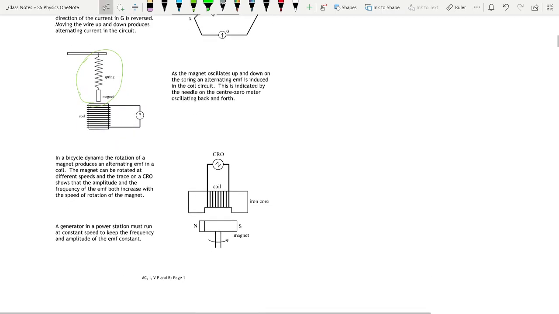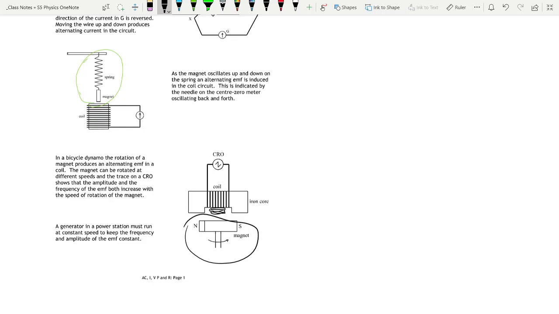In a dynamo and in most generators, the third diagram is what really happens. So in a dynamo, you have a magnet that's attached to the wheel or something that's spinning, and that spins around here. Okay, so the spinning magnet is interacting with the coil there. And when the spinning magnet interacts with the coil, it's continuously spinning, so it's continuously moving.